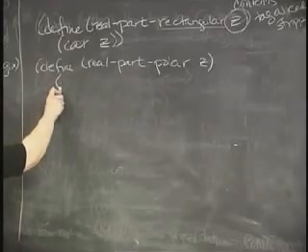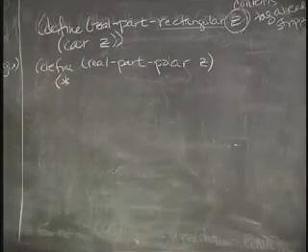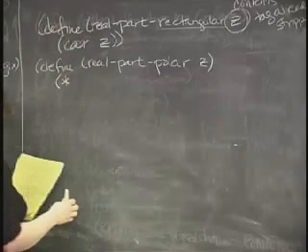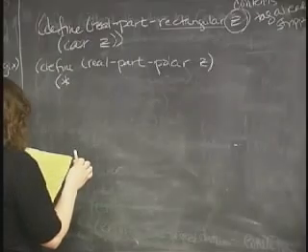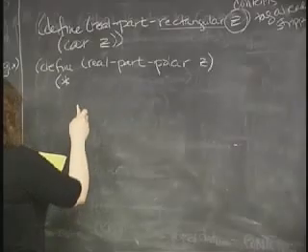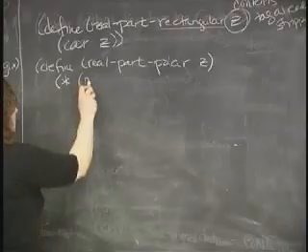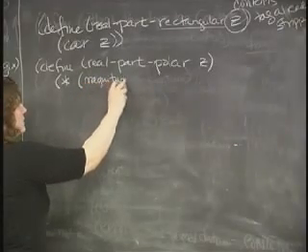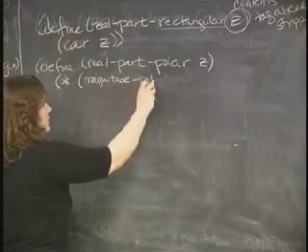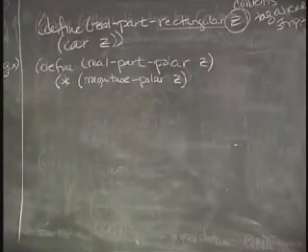Okay, so the real part of a polar is going to be the result of multiplying the magnitude of polar z multiplied by the cosine of the angle.